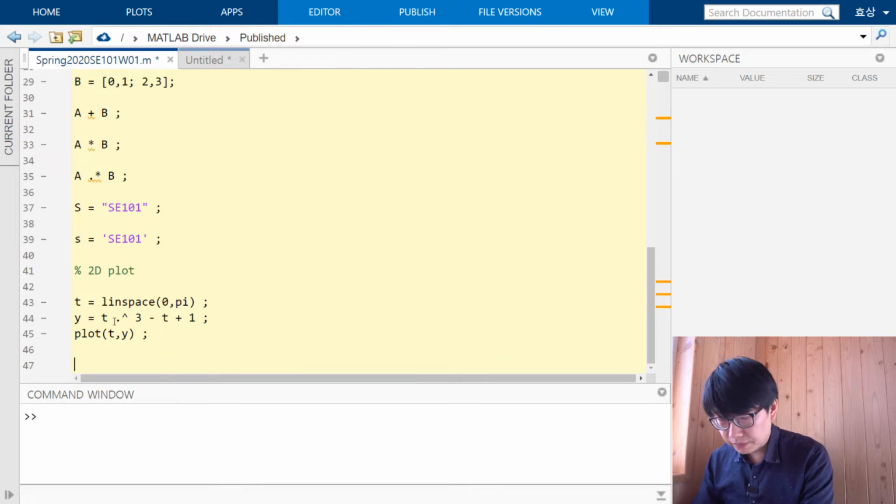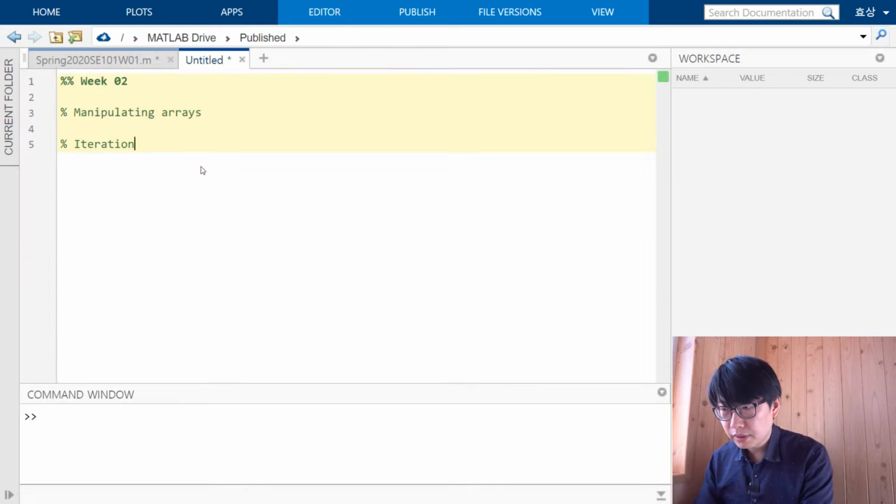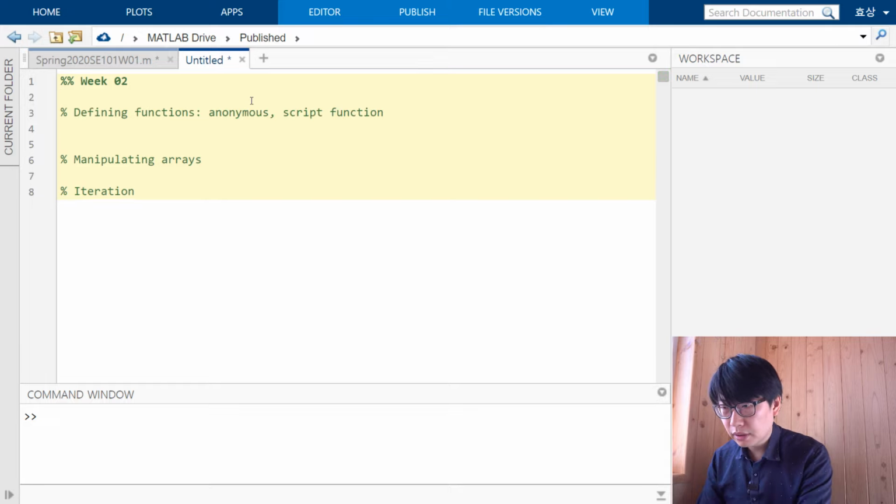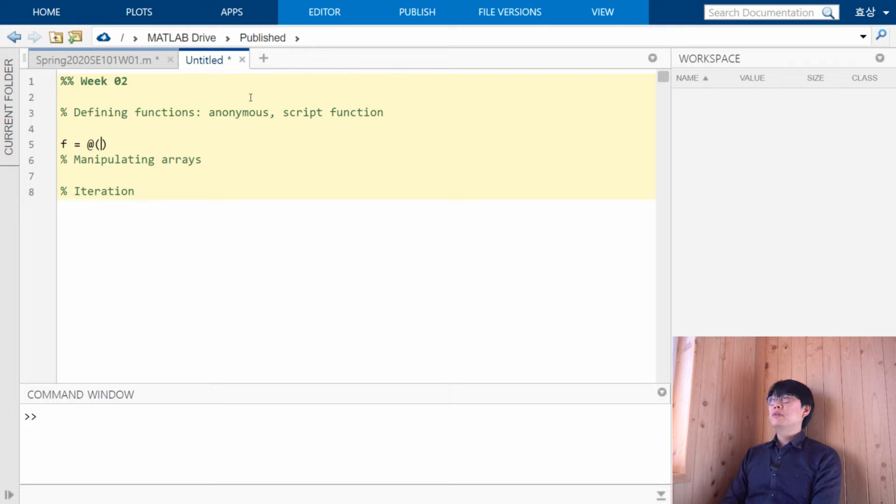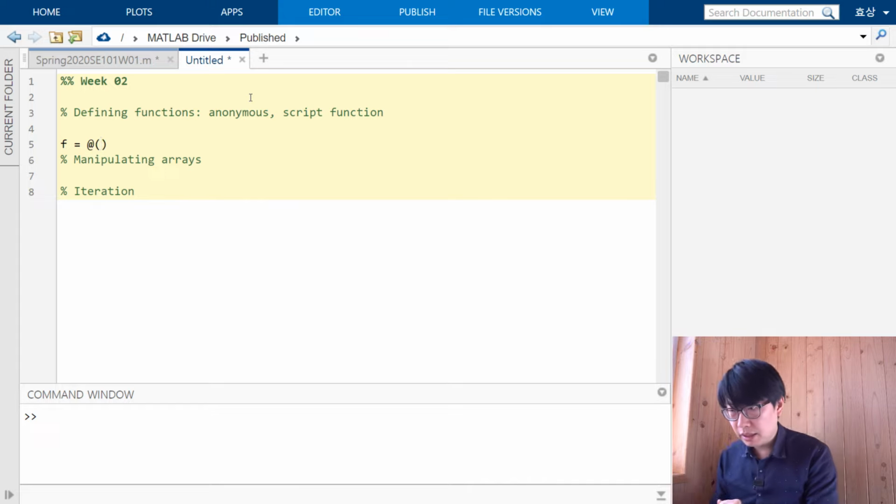There are two ways of defining a function. One is to define your function in the script. Another way is to define a function in a separate script as a function file. For now, let's learn how to define a function in the command line.